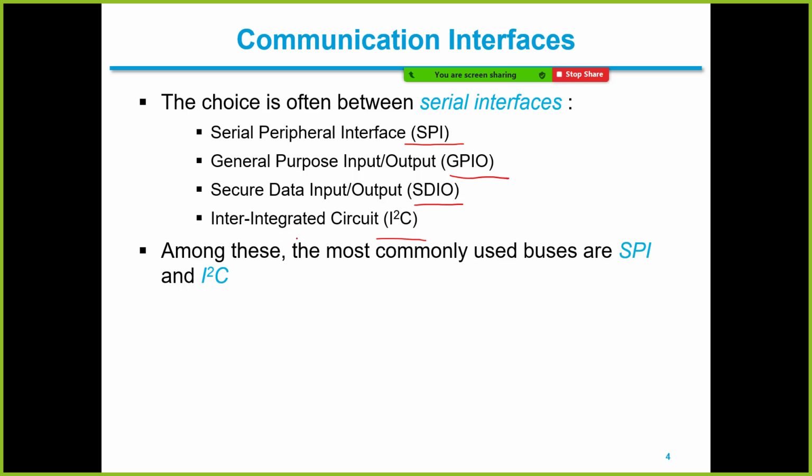This I2C is quite often used within the wireless sensor node, among the processor and other subsystems. I2C is also very important, the same as SPI, for wireless sensor nodes.